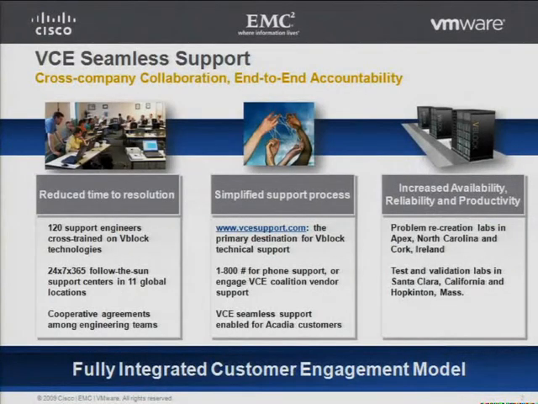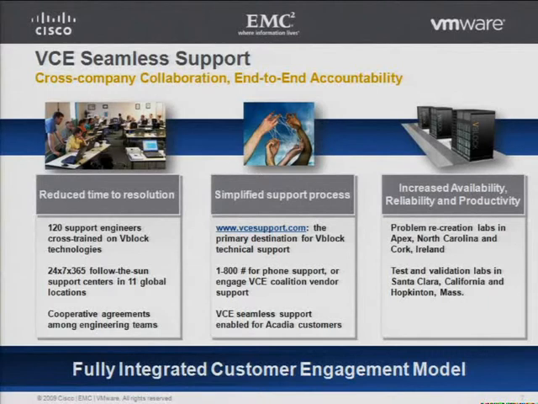Finally, the VCE Coalition offers seamless support. We have one phone number to call for any support needs. And my colleague Hari points out that, or usually likes to remind me, that we introduced two products. The first product was the Vblock itself, and the second product is actually this unified support model. Customers have this one number to call, one person, one throat to choke for any support needs.